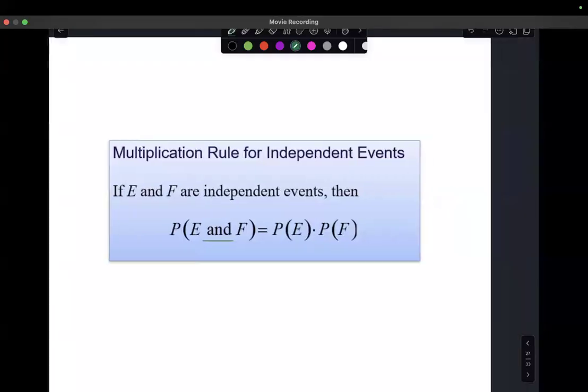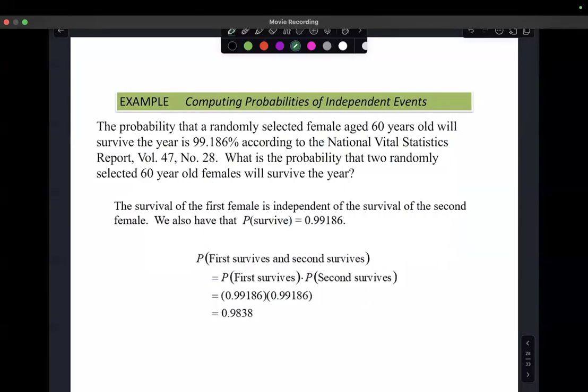Okay, so let's do some examples. The probability that a randomly selected 60-year-old female will survive the year is 99.186%. We want to know the probability that two randomly selected 60-year-old females will both survive the year. So we need the probability the first survives and the probability the second survives.